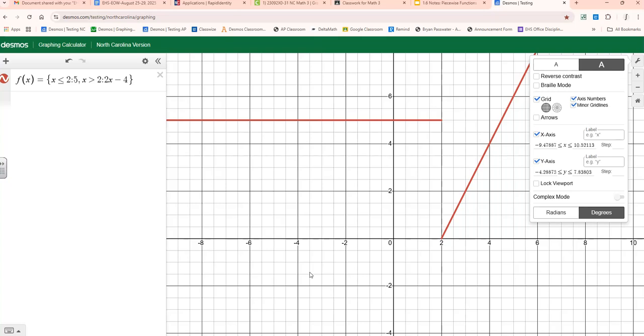Zoom out. Right here. There, use a colon. Alright, comma right there. That was right. Okay, right here.